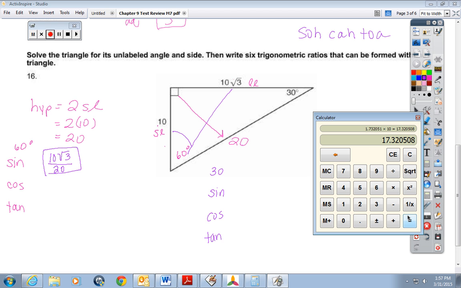If you actually divided it out from there, it would have been 0.866.